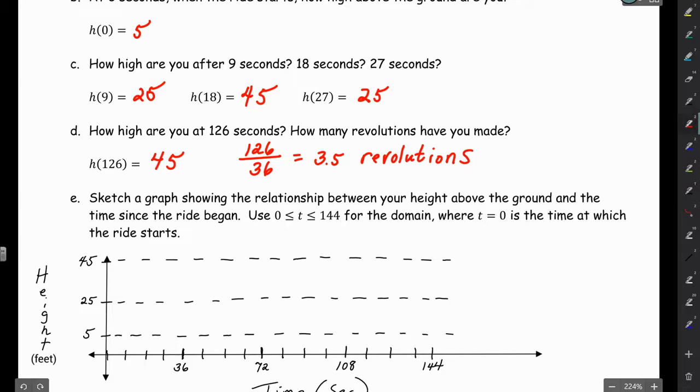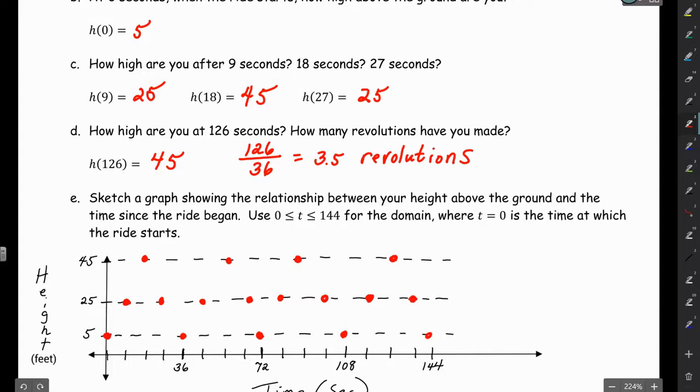And now we're going to go ahead and plot our points, remembering that we have a negative a value, so we're starting at a minimum. So our curve pattern is going to go minimum, 0, max, 0, minimum, and that pattern repeats.